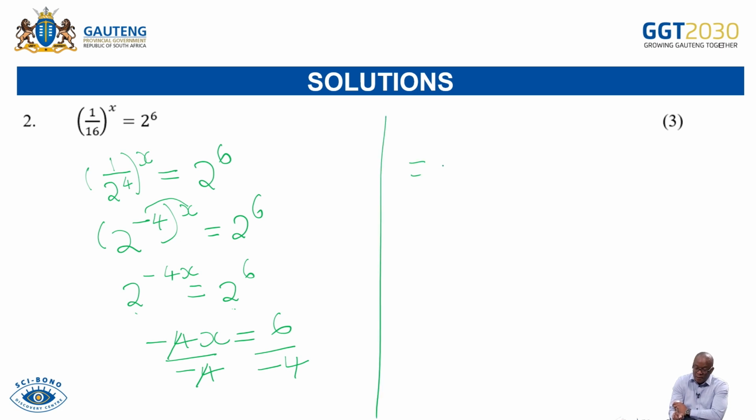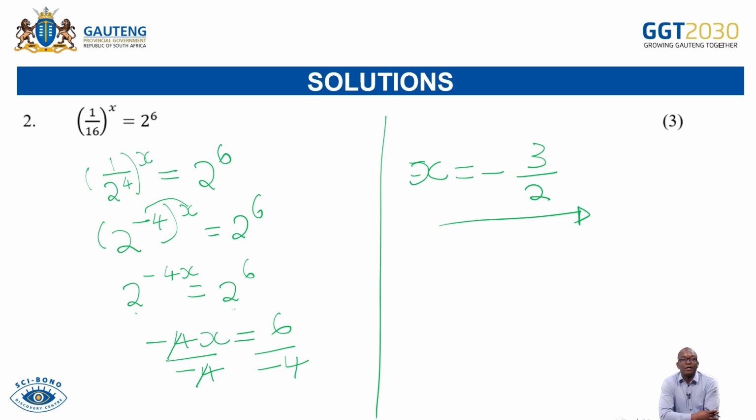Then x will be negative 3 over 2, because 2 goes into 6 3 times and into 4 2 times. So that's basically how you can solve that type of equation. Correct?